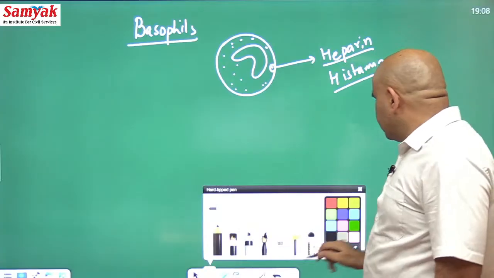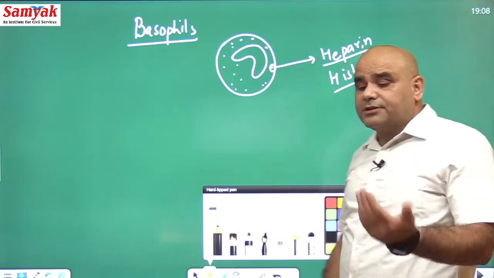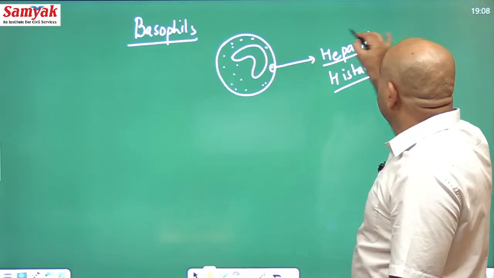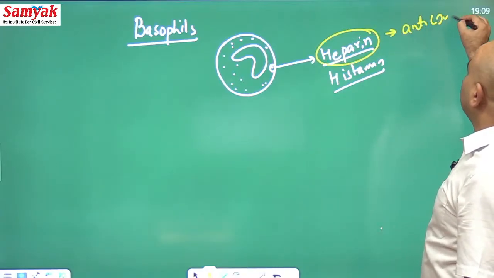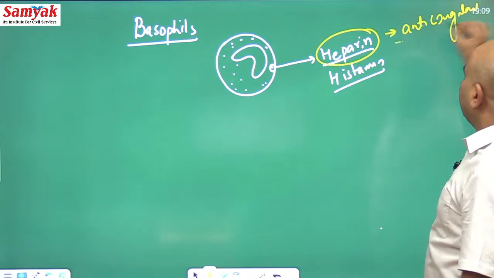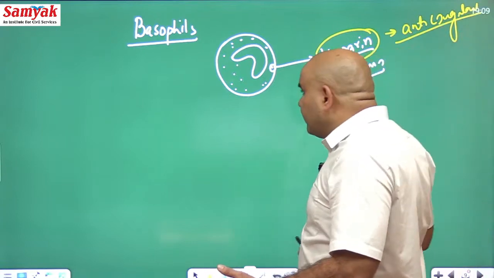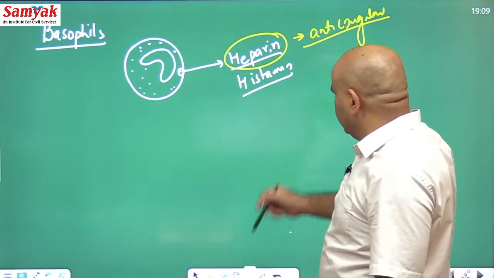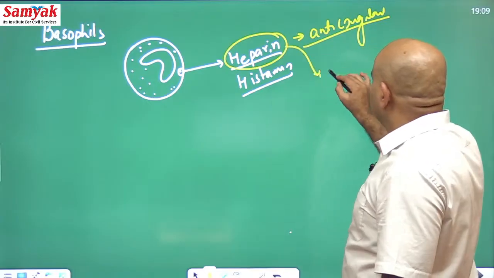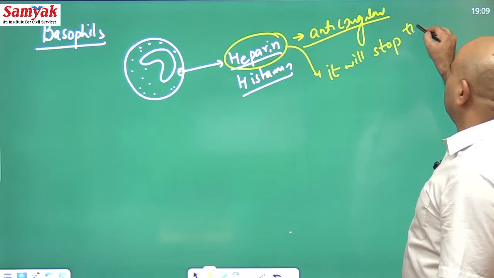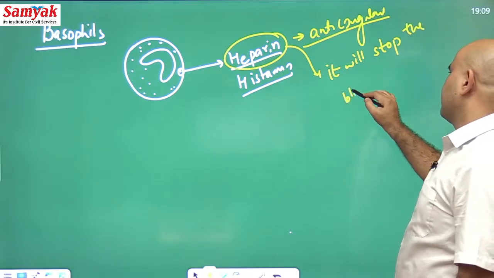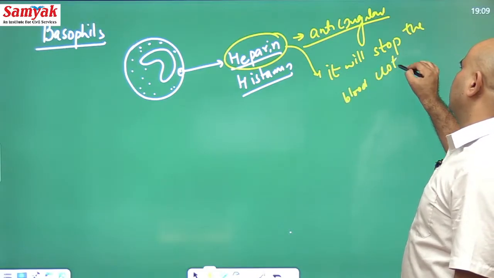Now, what is the function of heparin? What is the function of histamine? Remember that heparin is an anticoagulant. Anticoagulant means it will stop blood clotting.